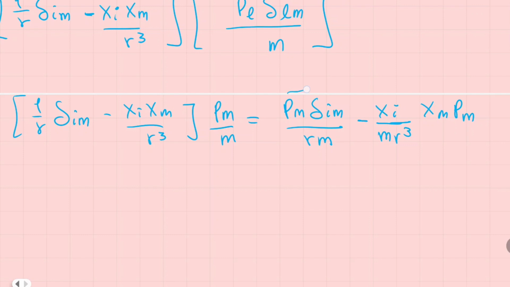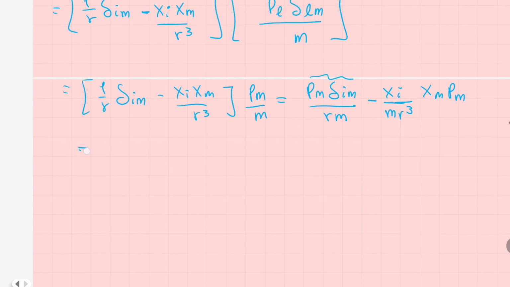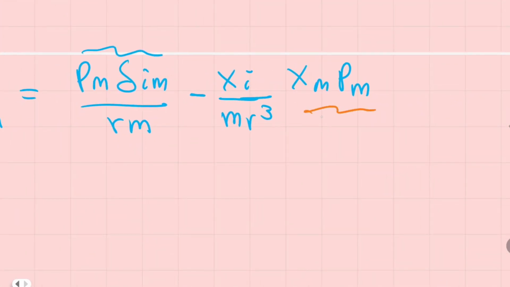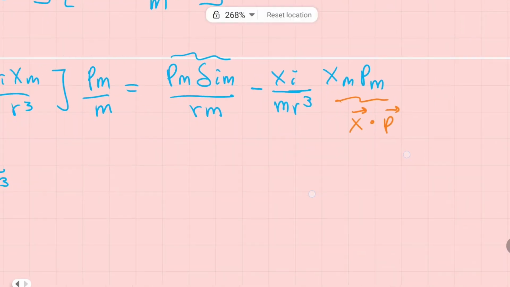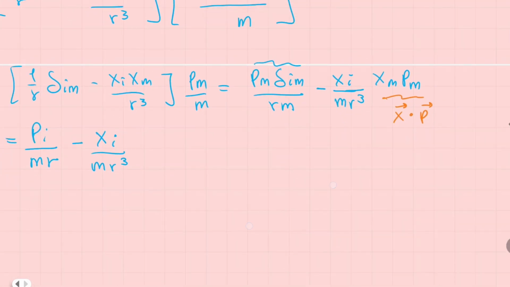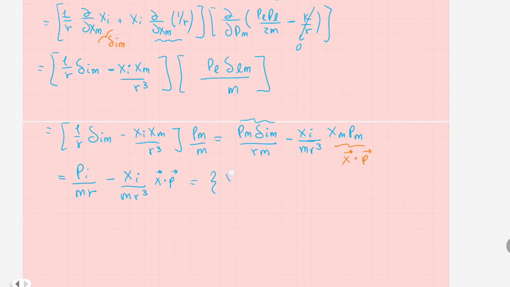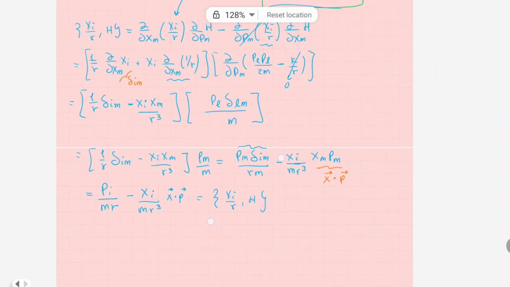And looking at that again, we have a Kronecker delta here, just the Pi term is going to survive, and we are going to get Pi over mr minus xi over mr cubed, and here this term is very interesting because it's actually a dot product between x and p, just in index notation. So this can be seen as x dot p. So that is the Poisson bracket of xi over r with h.